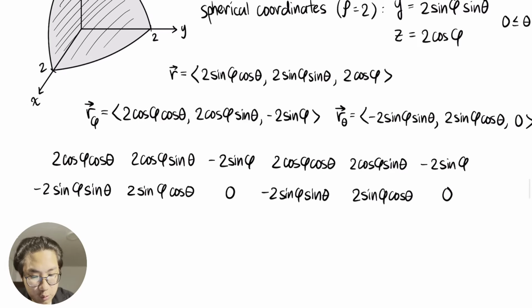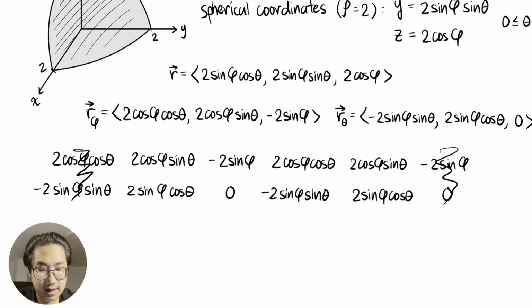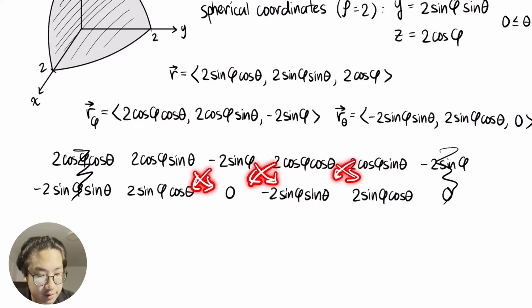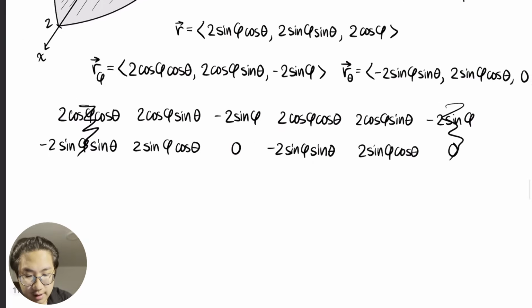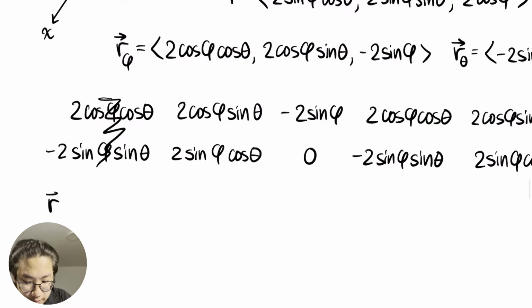So after we've done this, we can cross out the far left and far right, and then now we can just crisscross to find each component of the cross product. So we'll write it down over here. So r sub phi cross with r sub theta is then equal to the following.